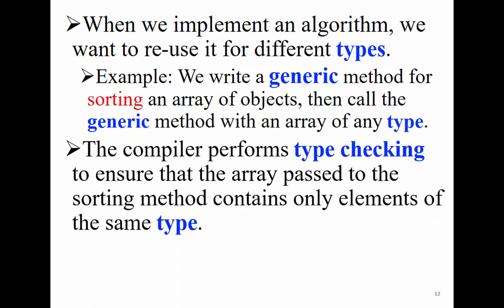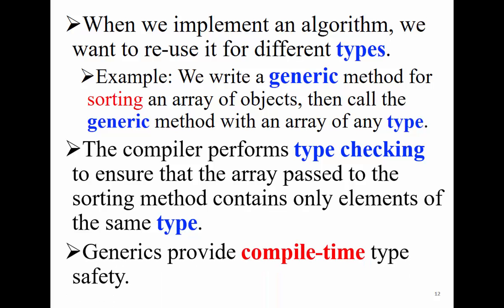The good thing in Java is the compiler will help us check whether the type is correct or not. It will give us another safety shield if we made any mistakes using generics. So generics provide compile-time safety, which is very good, not at runtime.